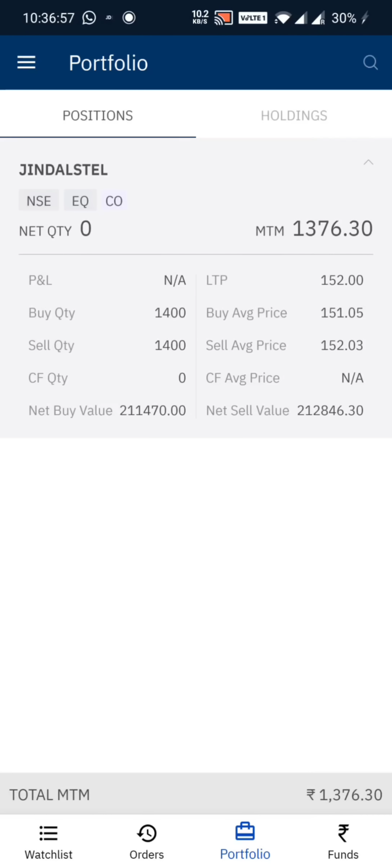So I took it around 151.05 and sold it around 152.03, almost 1 rupee profit. So 0.3 is 50 paisa, right? So this is around 0.6% profit on this trade. So it's almost 10 to 12% profit on our capital.